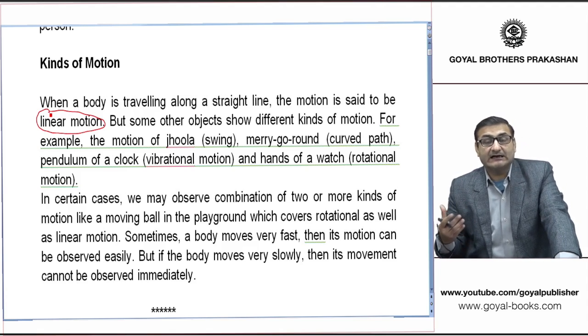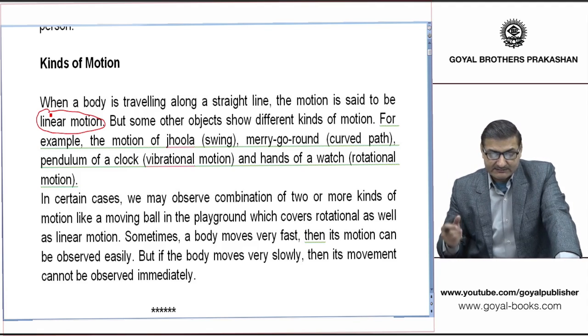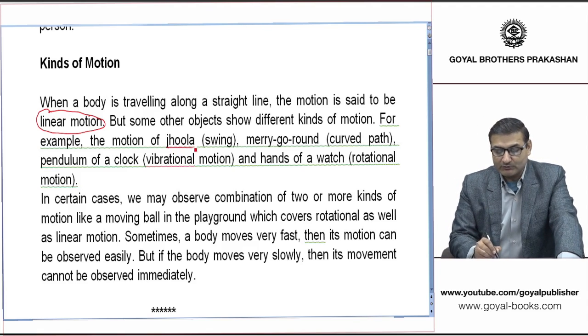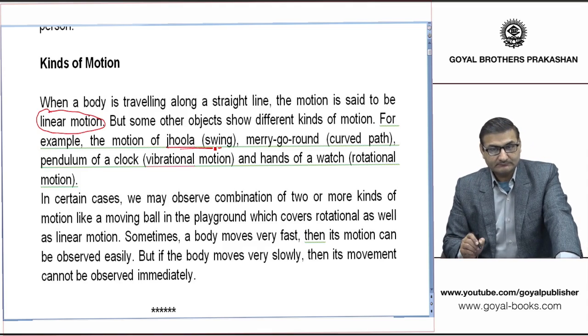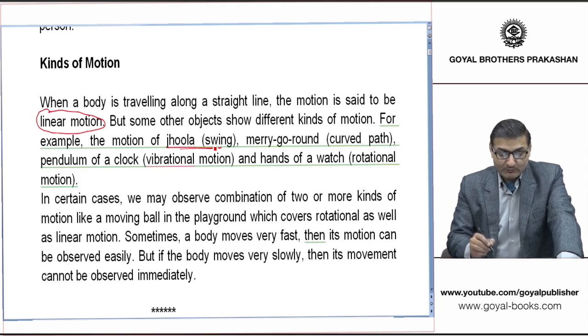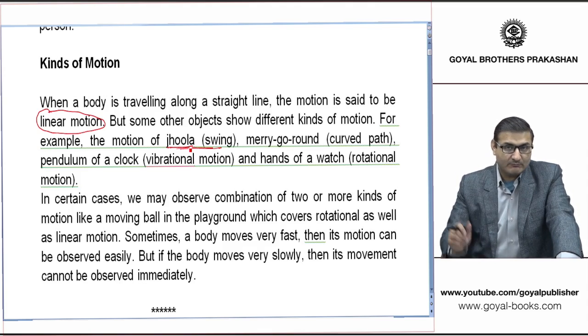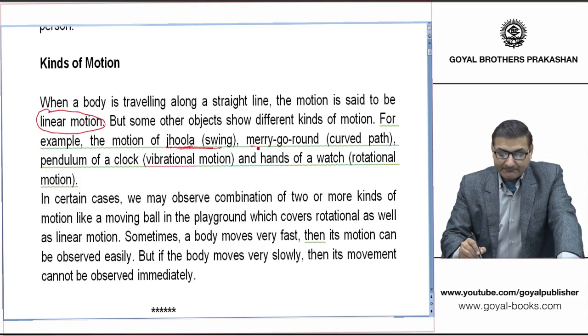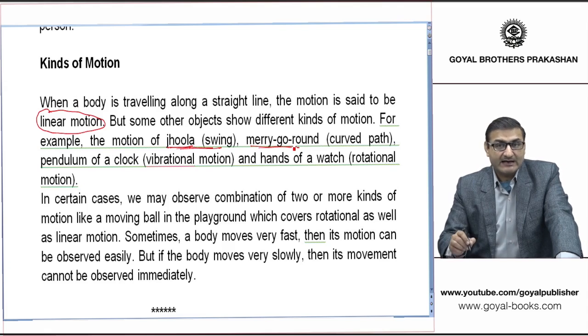But there are certain other types of motion also. For example, the motion of a swing is basically different from linear motion. Similarly, the merry-go-round shows a curved path.